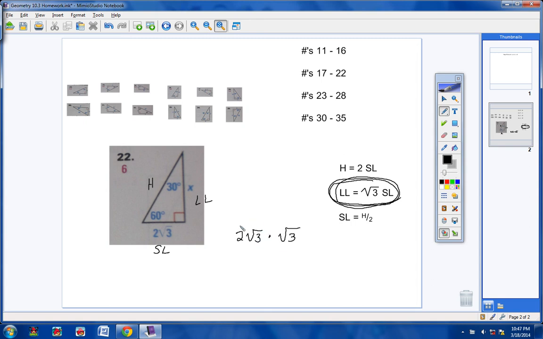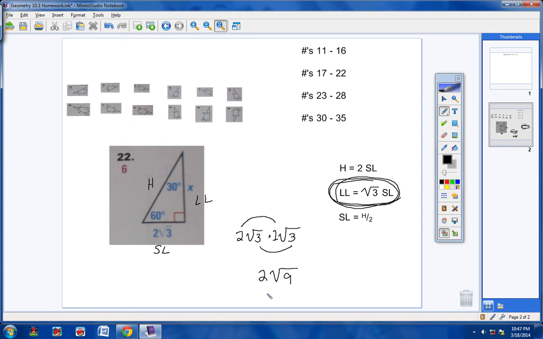First of all, you multiply outside numbers times outside numbers, and then inside numbers times inside numbers.